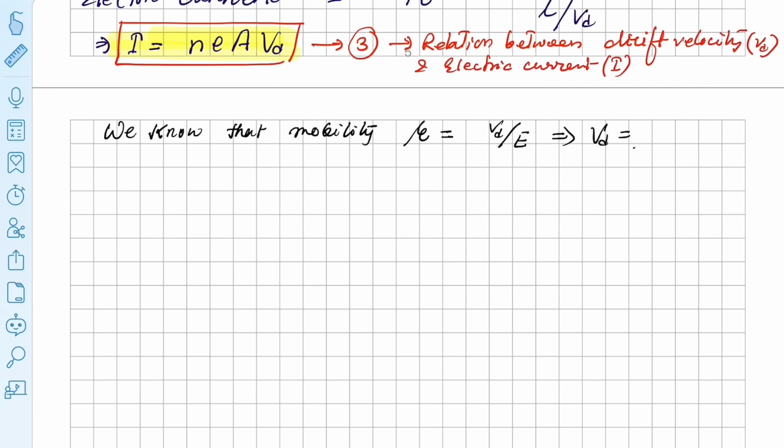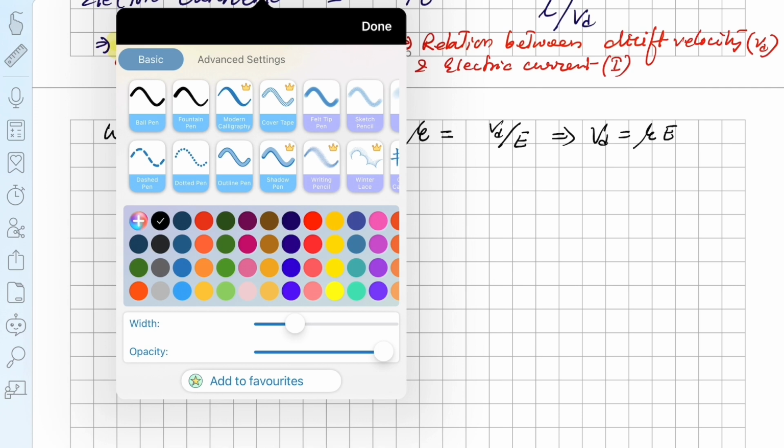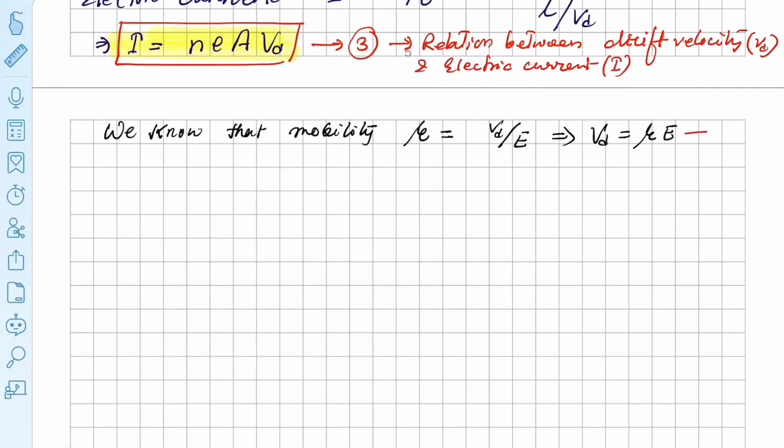So from here we can write Vd is equal to mu into E. Suppose this is equation number 4.